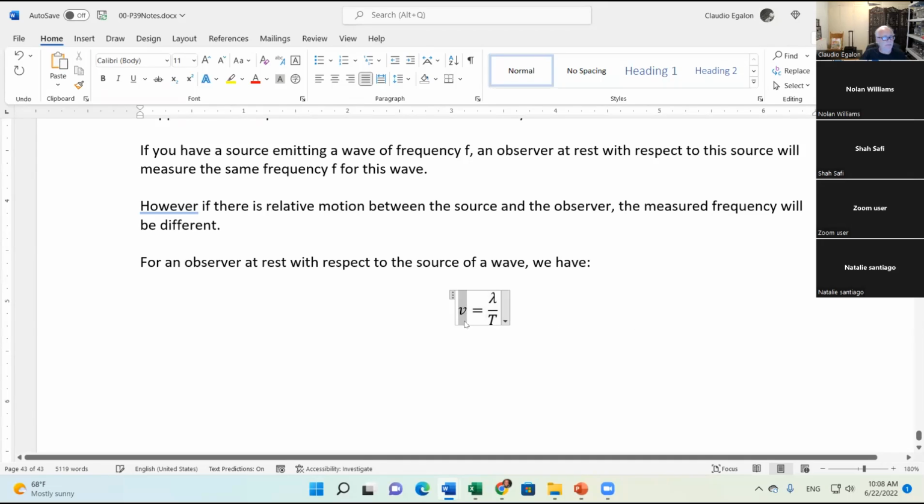Here's the velocity of the wave, the wavelength of the wave, and the period of the wave. The observer is going to measure a period T.